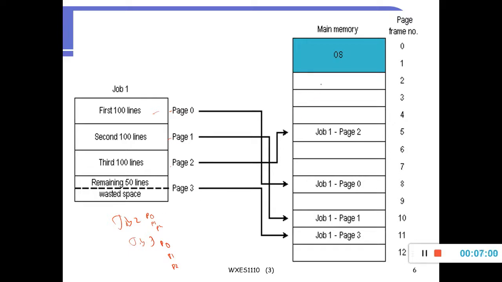So let's say job 2 goes to frame number 2: job 2 page 0, this one job 2 page 1, and so on, this one job 2 page 3, and this one job 3 page 0, job 3 page 1, job 3 page 2, and so on. This is the advantage: memory is used efficiently because the program is stored in non-contiguous locations.